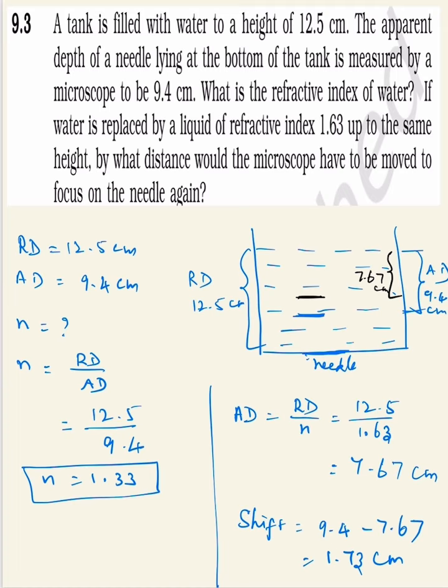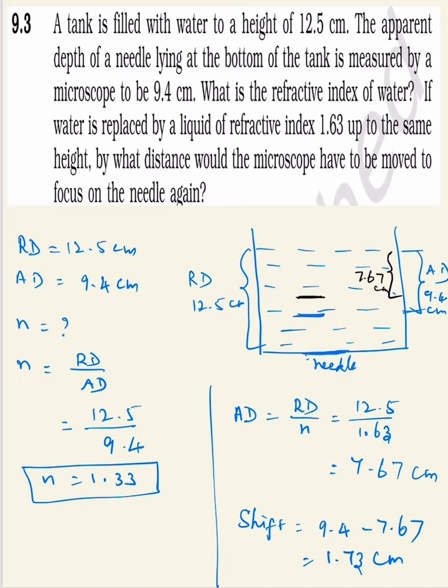Now the second question is, if water is replaced by a liquid of refractive index 1.63 up to the same height, then by what distance the microscope have to be moved to focus on the needle again? So initially when the needle seemed to be here, the microscope would have been focused here. Now how much distance it has to be moved? That is asked.